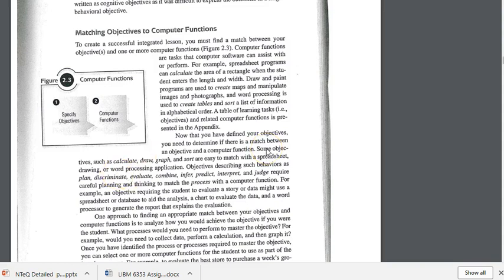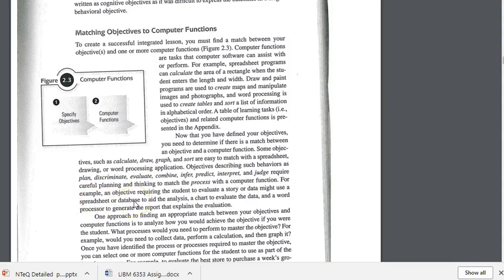So once you've defined your objectives, you need to determine if there's a match between an objective and a computer function. So some objectives such as calculate, draw, graph, sort, those are easy to match with a spreadsheet, drawing, or word processing application. Objectives describing such behaviors as plan, discriminate, evaluate, combine, infer, predict, interpret, those are going to require a little more planning and thinking to match the process with the computer function.